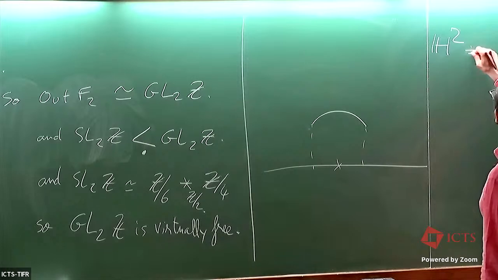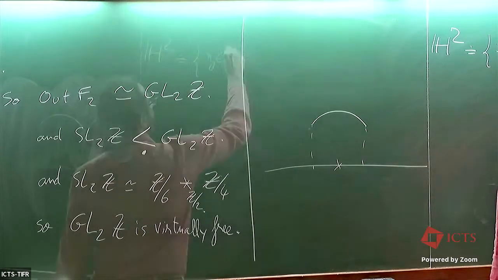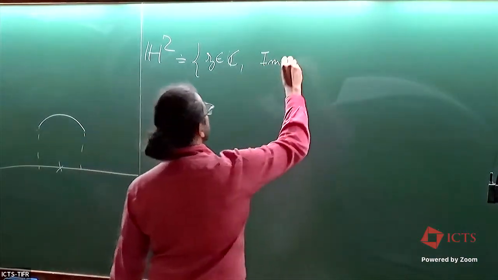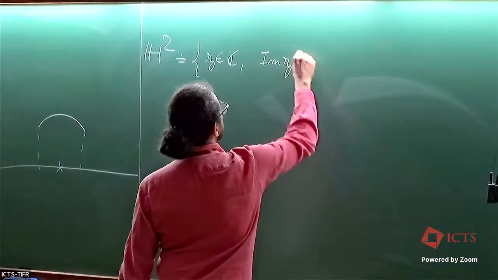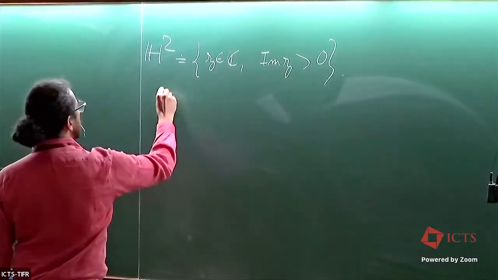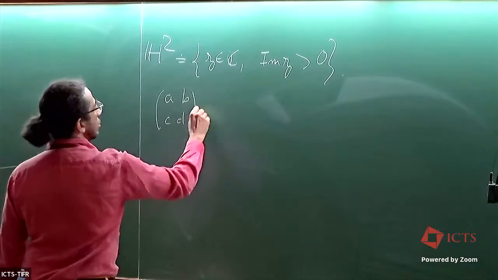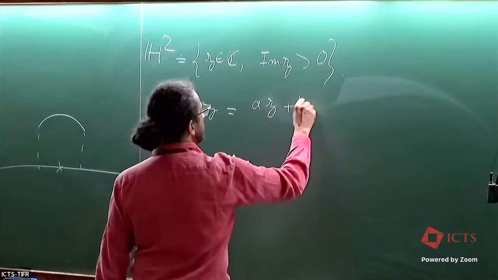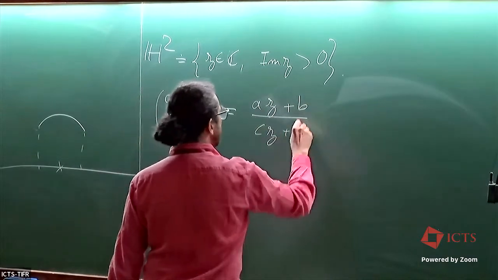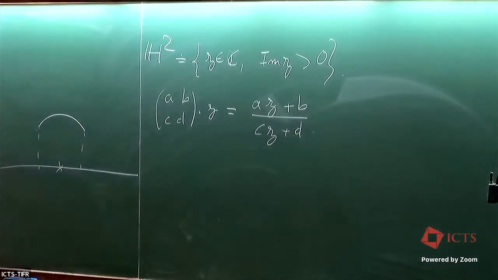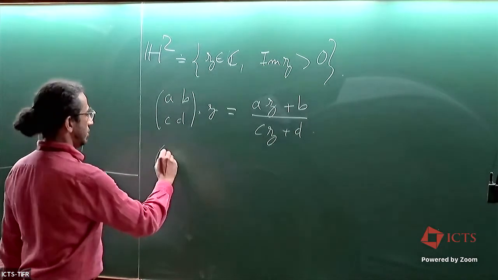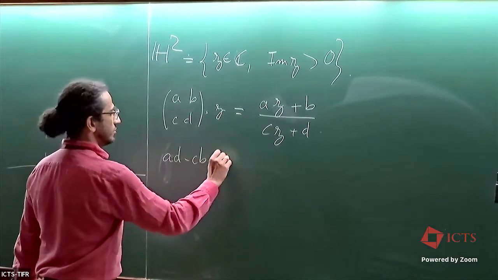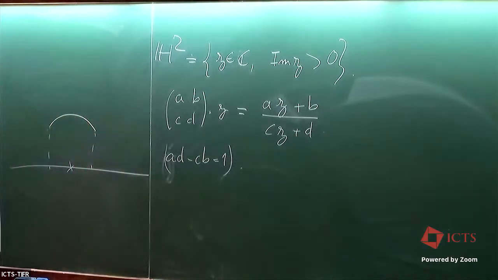So H² is just the complex numbers with imaginary part strictly positive, and the action of (A, B; C, D) on z is by the Möbius transformation (Az + B)/(Cz + D). And here I have to take AD minus CB equal to 1 to preserve the upper half-plane.